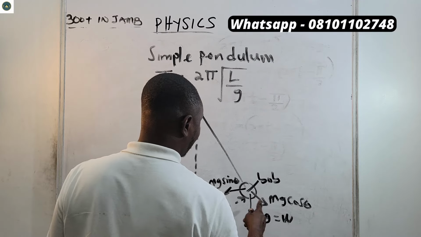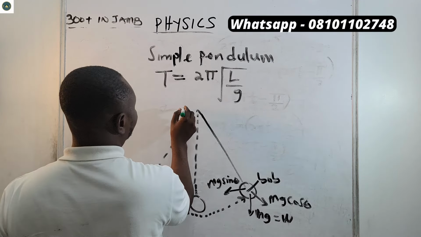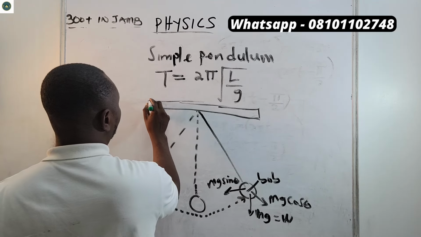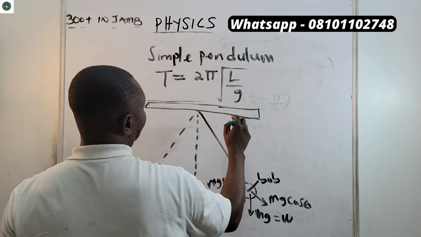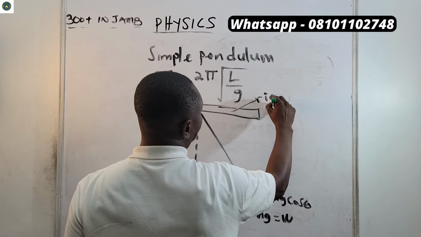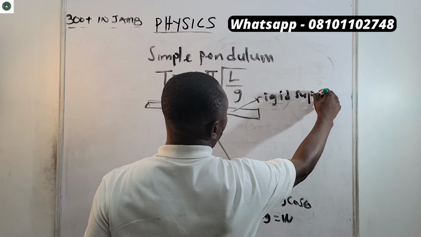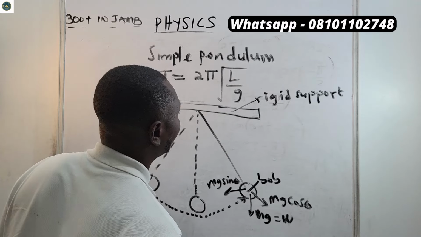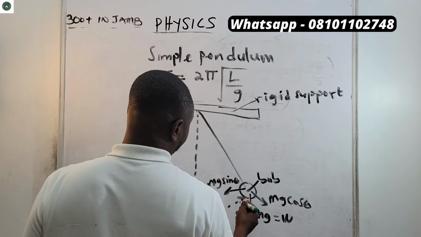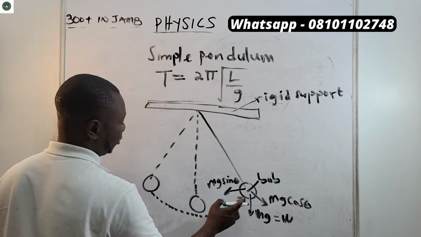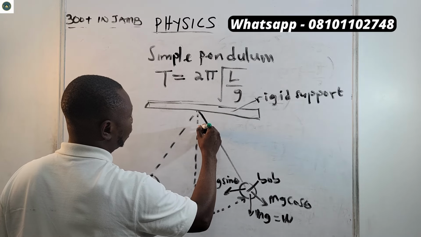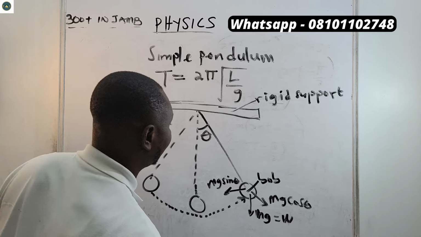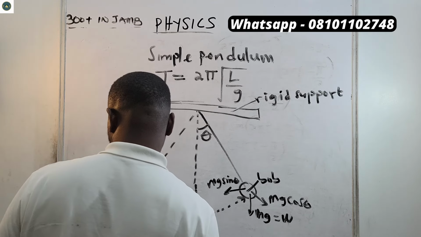Perpendicular is mg cos theta and the other is mg sin theta. Then we have a rigid support. The movement of the bulb to and fro generates an angle theta. This angle theta is the angular displacement.